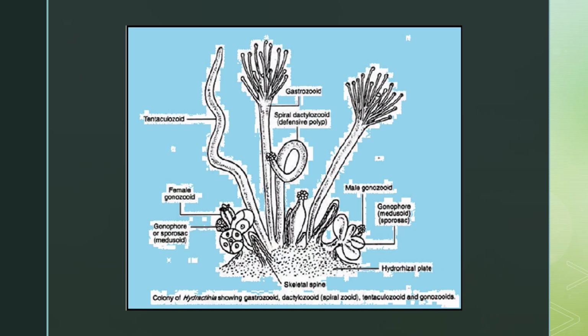This is the colony of Hydractinia, which is showing all the different kinds of zooids like gastrozoids, dactylozoids, tentaculozoids, gonozoids, etc.